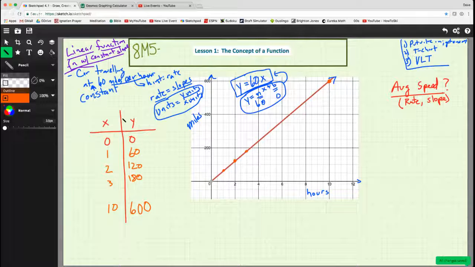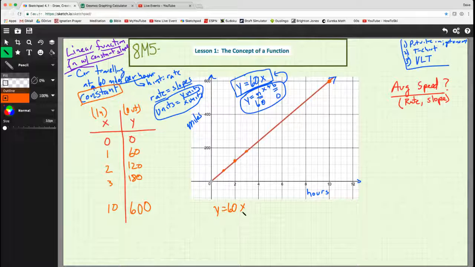And now recall, this is a constant rate. So we should be able to do a couple things. Well, first of all, let's just make sure that we have our definition of function down and everything works. We put a value in and we get a value out. Well, if our function here is y equals 60x, our in value is our x. Remember, in is on the right and out is on the left.